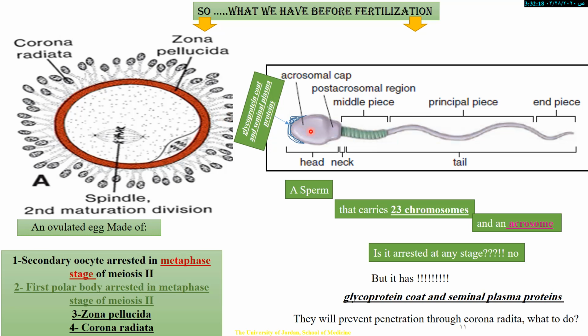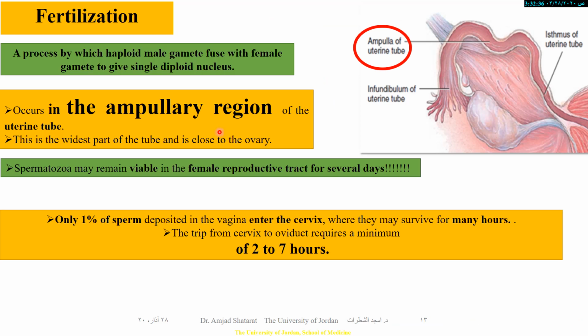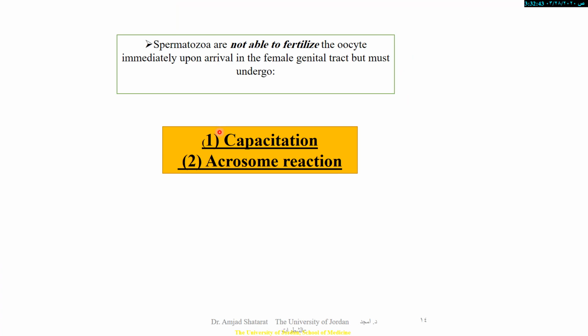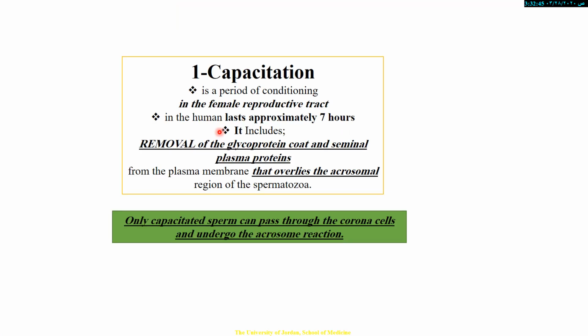Any sperm that is not capacitated, what does this mean? Any sperm with this layer on it would be trapped by the corona radiata. If this cap has been removed in a process called capacitation, the sperm can easily pass through the corona radiata. So if I ask you how the sperm passes the corona radiata, the answer should be by capacitation only.